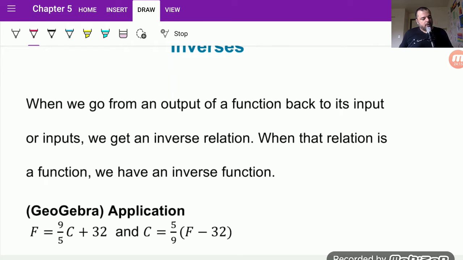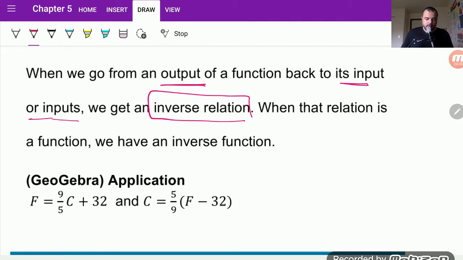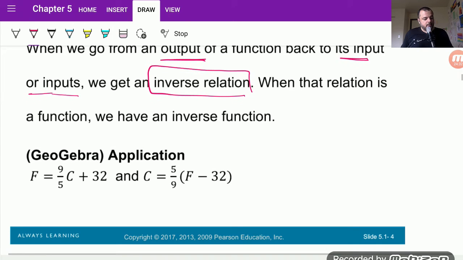So when we go from the output of the function back to the input or inputs, we get the inverse relation. And there is a good example, and we actually use it a lot, which is when we convert from Fahrenheit to Celsius.